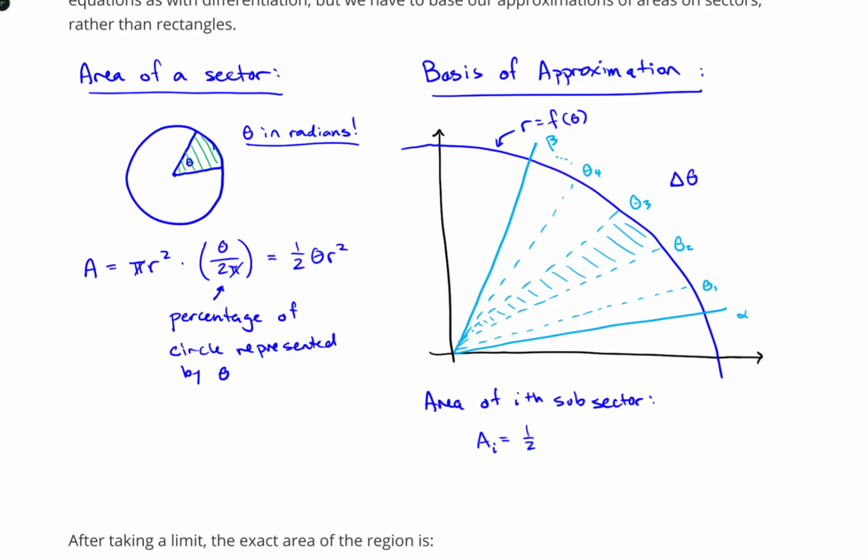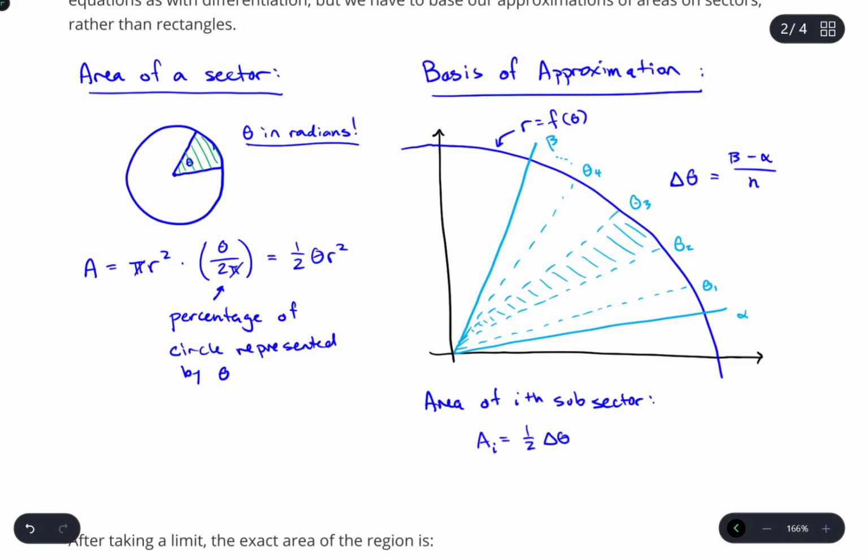Delta x was defined by b minus a, the distance between the start and end point, divided by the number of rectangles I wanted to use. In a similar fashion, this is going to be the end angle minus the start angle divided by the number of subsectors that I want to use. So then this will be 1/2 of delta theta times r squared, the radius of each subregion.